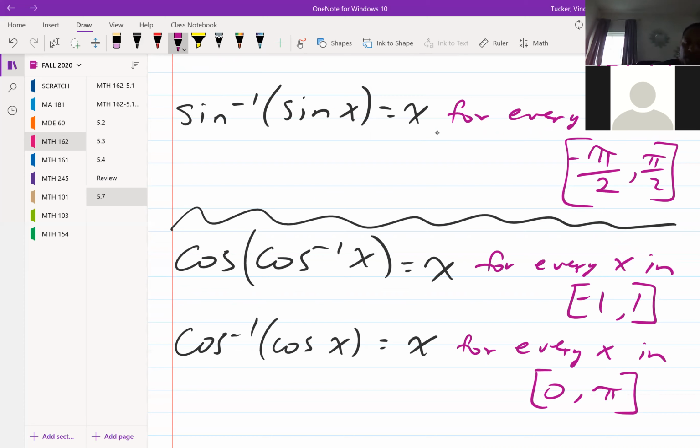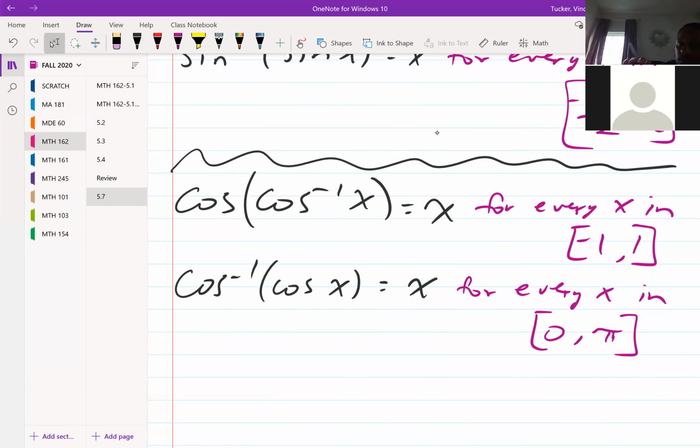Like I mentioned, the same thing happens with cosine. Cosine of cosine inverse of x will result in just x as long as x is between -1 and 1 inclusive.